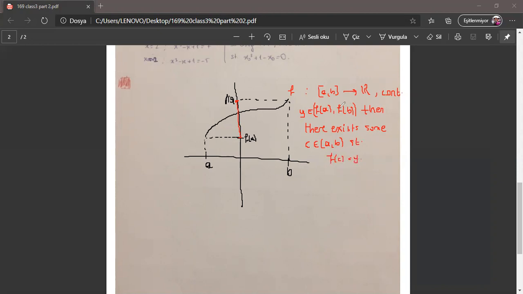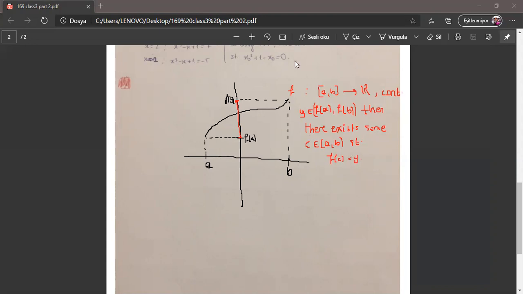It says this. If you have a function defined on some closed interval and continuous, then for any value that you can pick between f of a and f of b, you can find some number c in this interval such that f of c equals y.